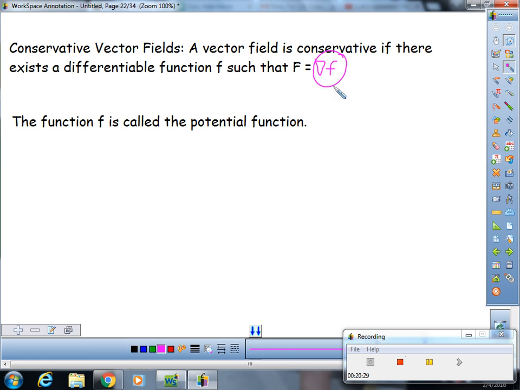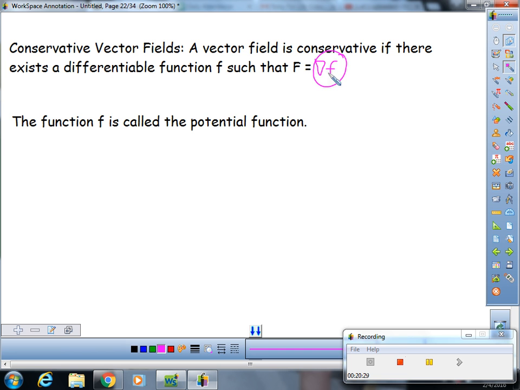So what we're going to say is that the first and easiest conservative vector field that you guys learned is the gradient vector. This looks exactly like the gradient notation, right? This would be your gradient function. That function is a vector field, because what did the gradient do? It took a function and turned it into vectors by doing partial derivatives with respect to each variable.